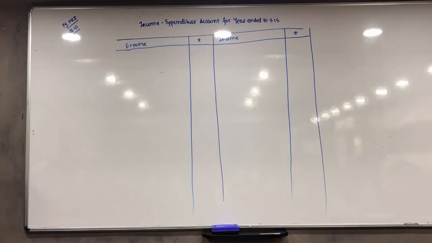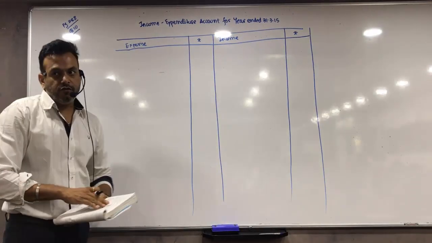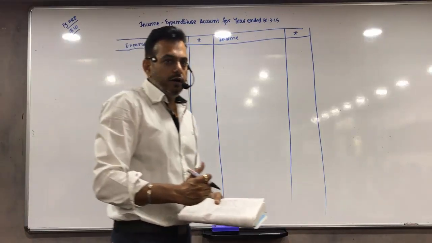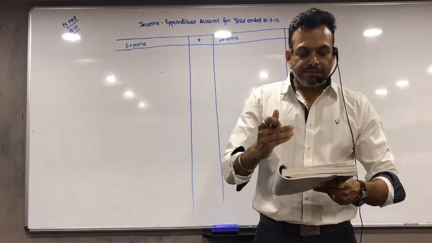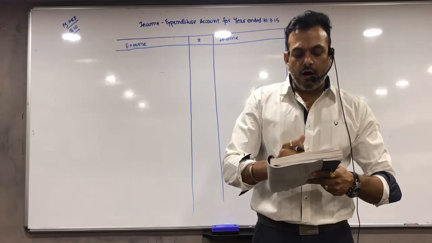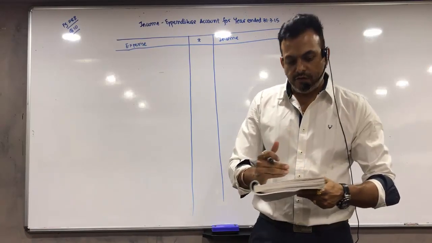First of all, cash balance and bank overdraft we don't have to take. What we will do here is, along with various accounts, we will do the adjustments together.